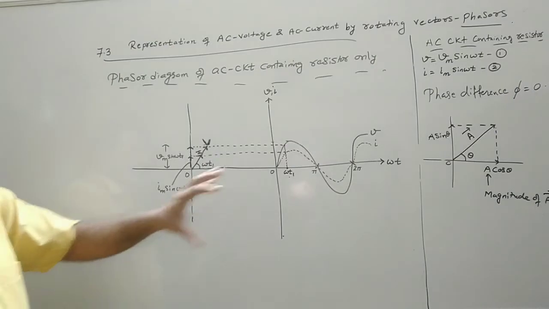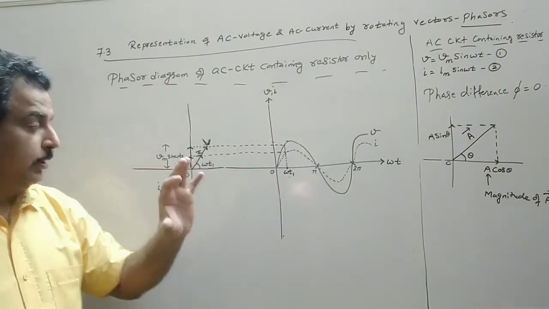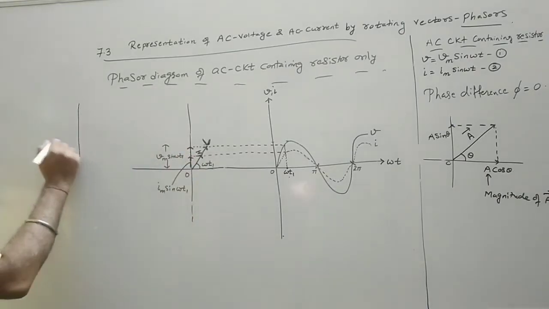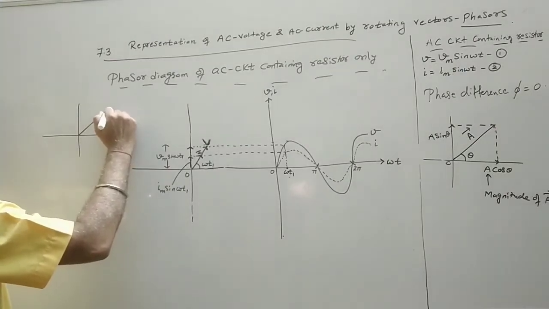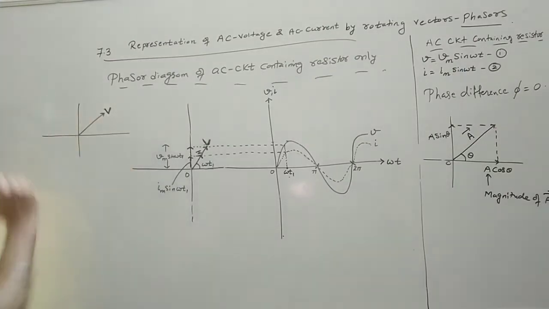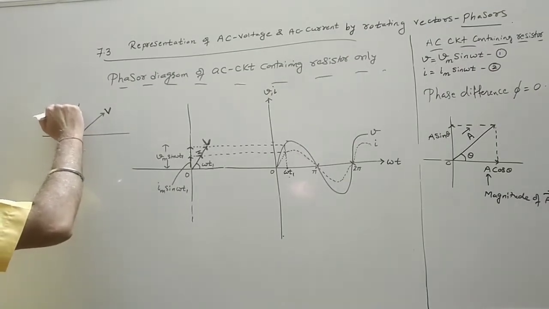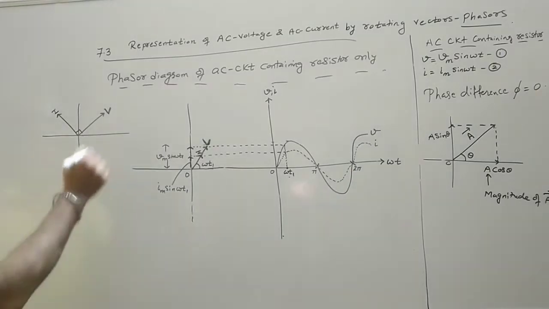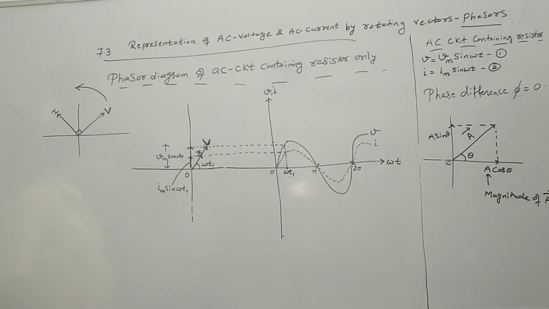So this is how we represent the phasor diagram. So instead of the graph of sine or cosine, sometimes we deal with a phasor diagram. Suppose I draw the phasor diagram like this. Suppose this is phasor V, and suppose I draw I like this in such a way that this angle is 90. Now remember, the phasor always rotates in the anti-clockwise direction.